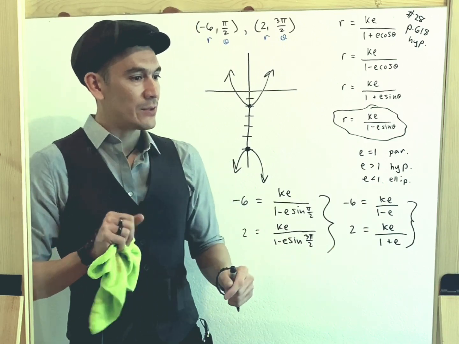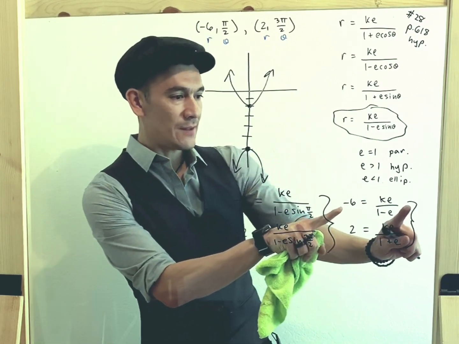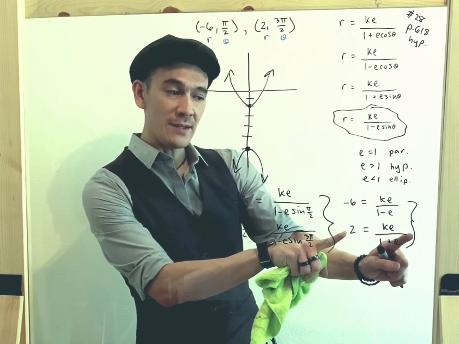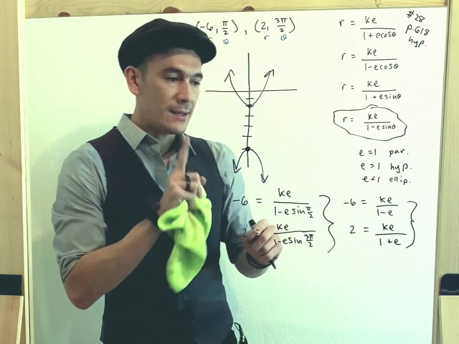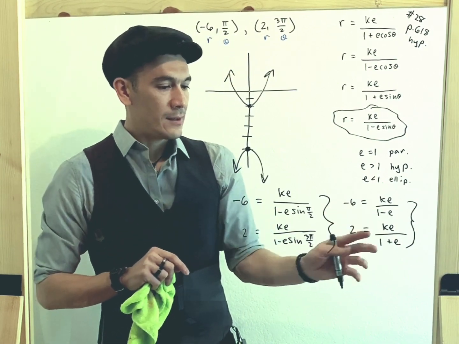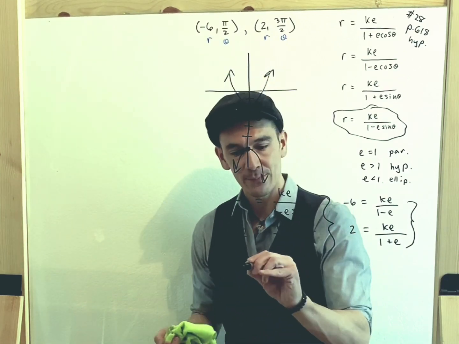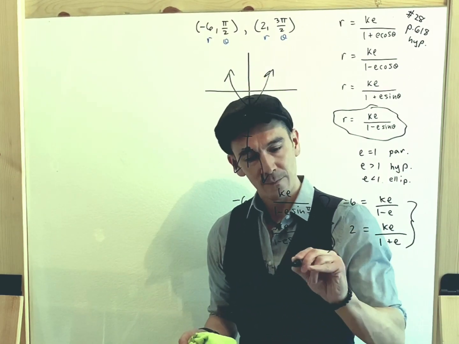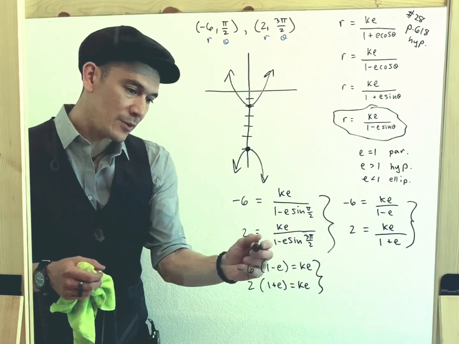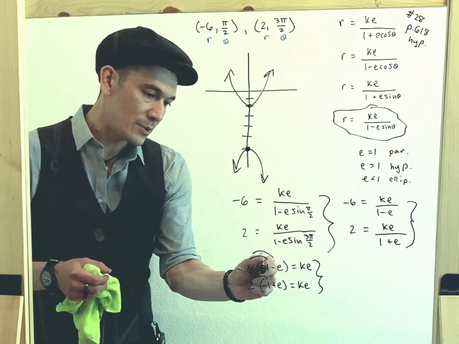Now here's what I'm going to do. I'm going to multiply both sides of this equation by 1 minus e. I'm going to multiply both sides of this equation by 1 plus e. Essentially, put this denominator there, put this denominator there. Let me continue my work down here. Okay, now maybe I can distribute this here, and I can distribute that there.